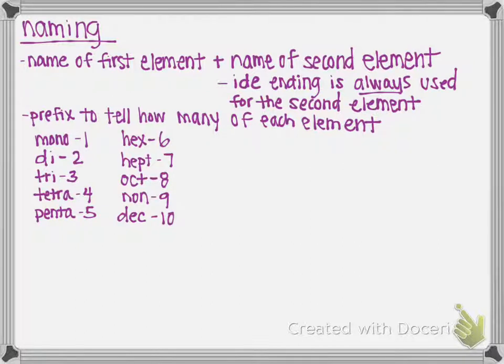Okay, so those prefixes are going to be used to tell you how many of each element there are. There's one little exception, and that is that mono is only ever used on the second element. So I want you to write that.